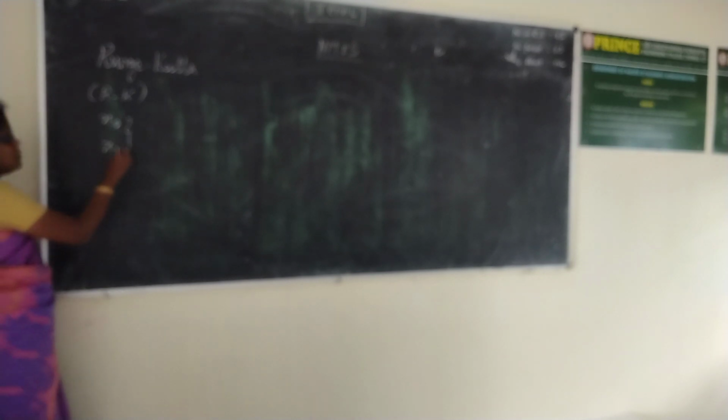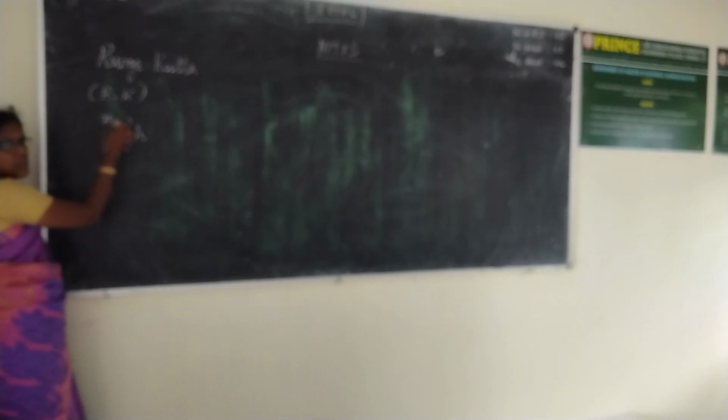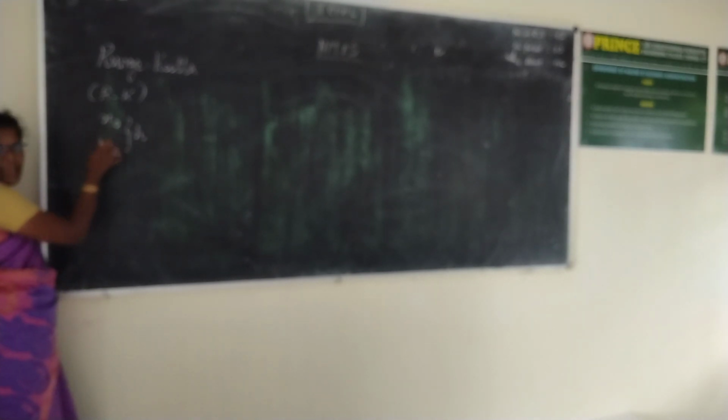That is nothing but our h value. Using x1 minus x0 we can find the difference between the x values.